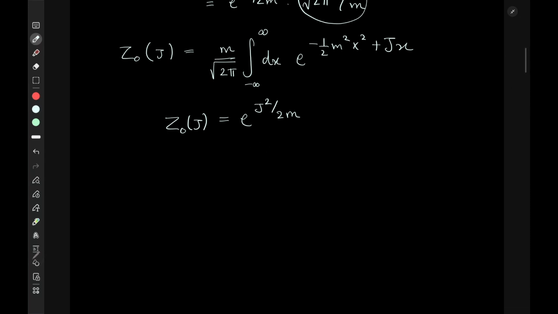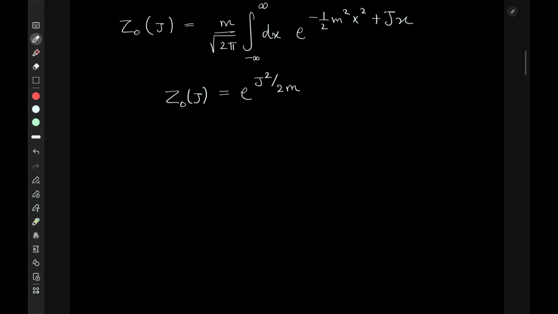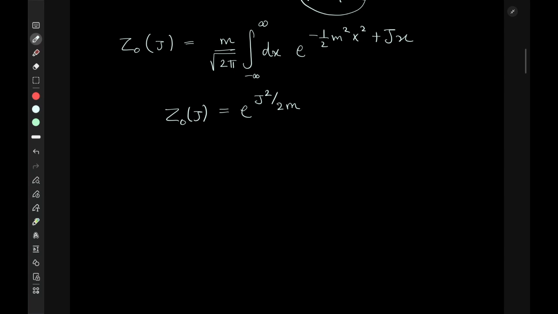Now this integral was evaluated explicitly, and now I will add another term in the integral, and the resulting integral I can call z of j. Remember, this one is called z0. Here naught refers to something that we can integrate explicitly. The integral that I'm going to write now, we will not be able to calculate it explicitly.